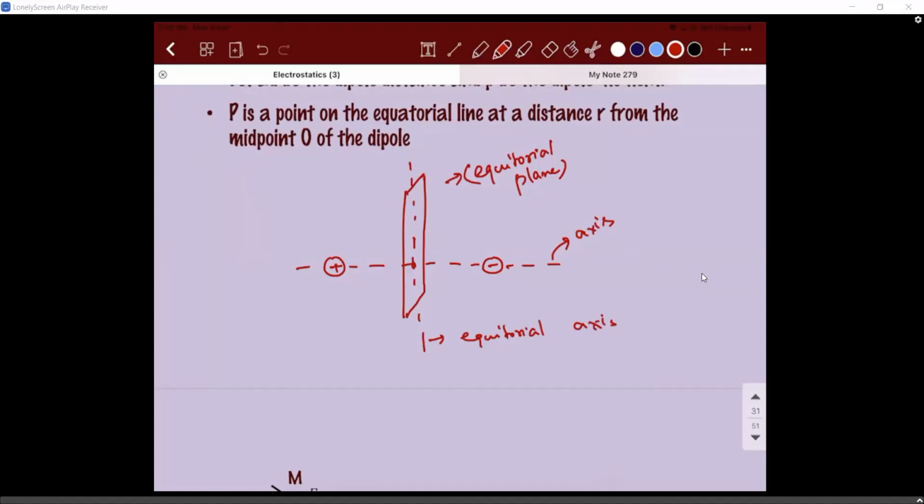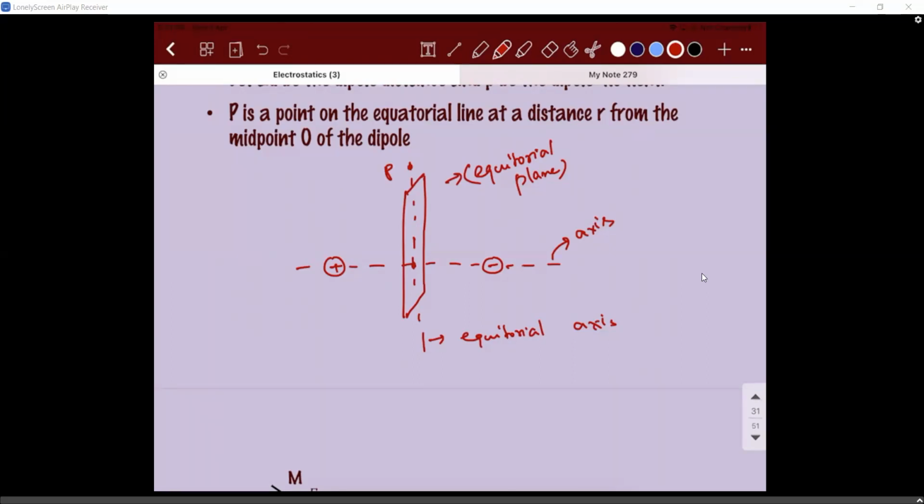So basically, a plane is two-dimensional, an axis is one-dimensional. On this equatorial axis, if you are able to define a point, then that point is what is called the equatorial point. So a plane is two-dimensional, an axis is one-dimensional, and a point has no dimension. That is how we broke it down.